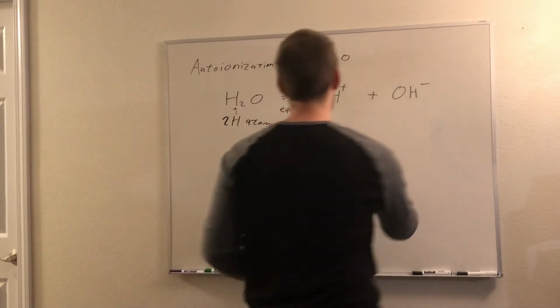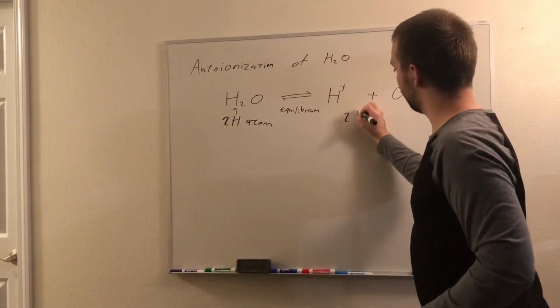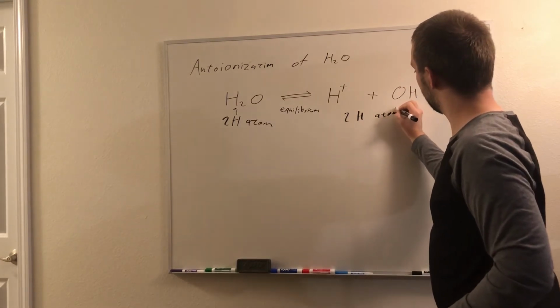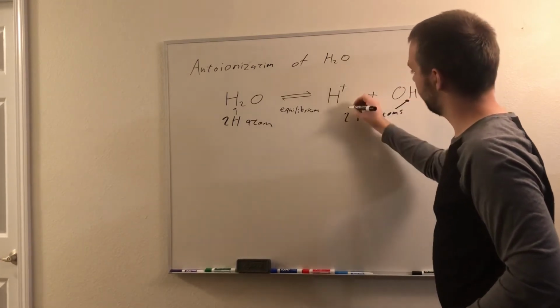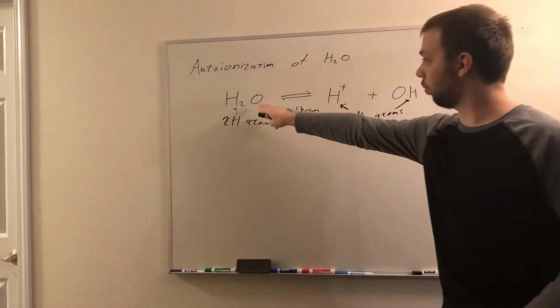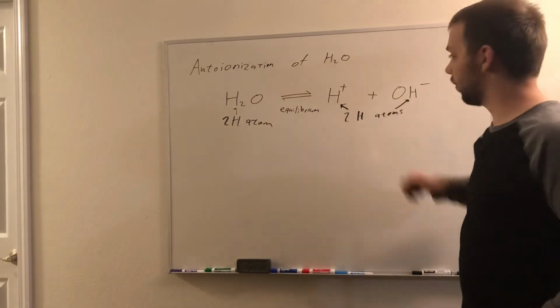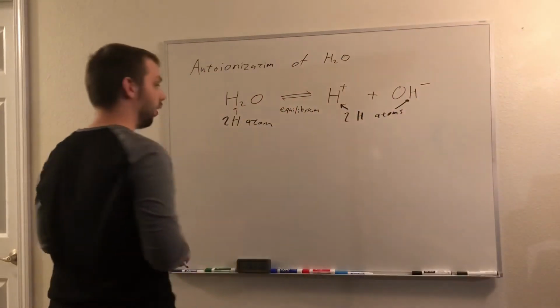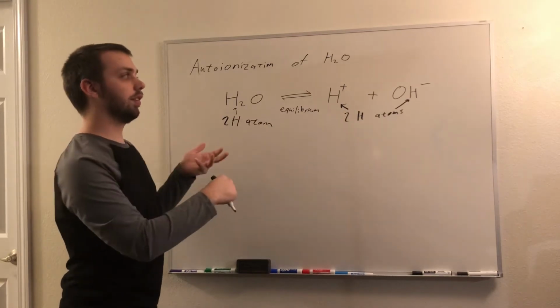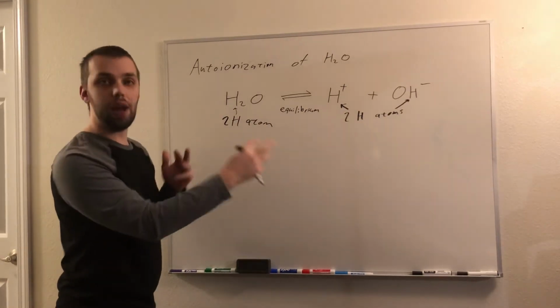And over here, we also have two hydrogen atoms. We have one right there and one right there. And then there's also one oxygen atom on either side. So you can see that nothing was made, nothing was destroyed, it was just rearranged.